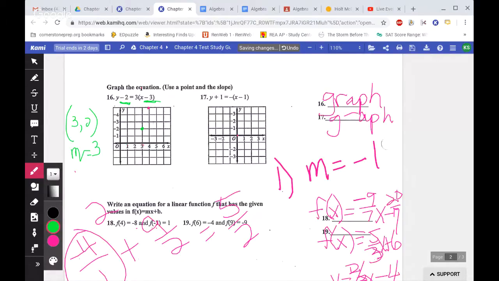Because the equation is y minus 2 equals m, which is slope. Good job. So the slope is 2/3. I'm going to count up 2, over 3, or down 2, over 3, and then connect my points.